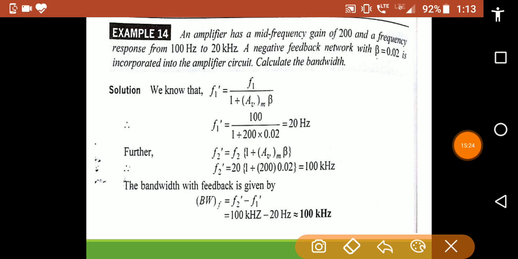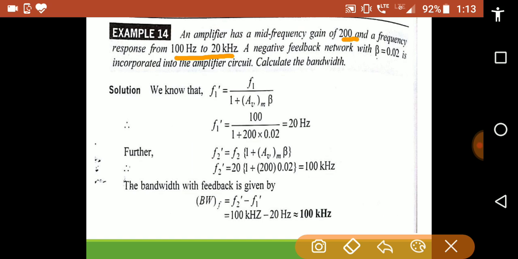So student, in this problem, an amplifier has a mid frequency gain of 200, meaning open loop gain A is equal to 200, and a frequency response from 100 Hz to 20 kilohertz, meaning lower cutoff frequency is 100 Hz and higher cutoff frequency is 20 kilohertz.